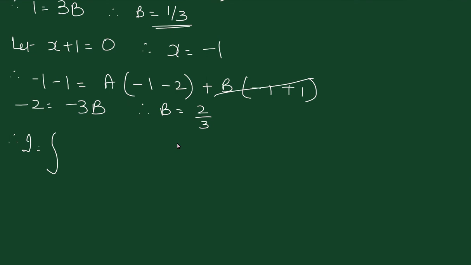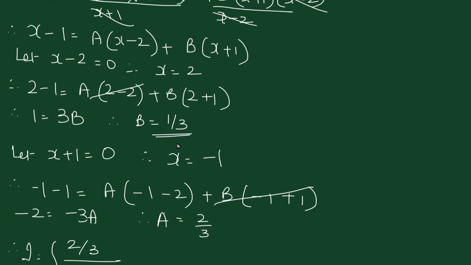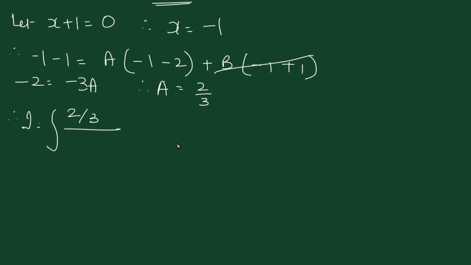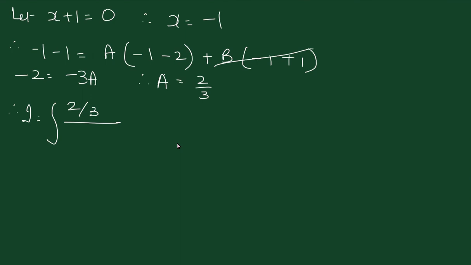Now our integral becomes, therefore we write I is equal to the integral of a upon, a is actually 1 by 3. Okay, here again I made a mistake. So minus 3a, and so here a is actually 2 by 3. So 2 by 3 upon the term x plus 1, plus b is 1 upon 3, so 1 by 3 upon x minus 2 dx.